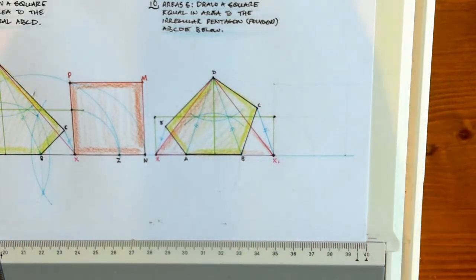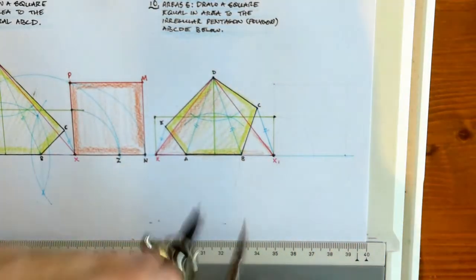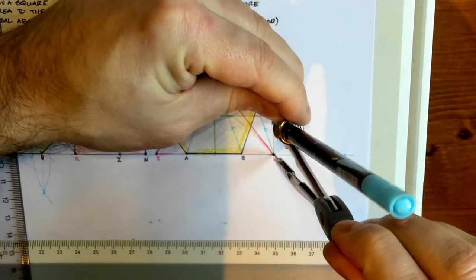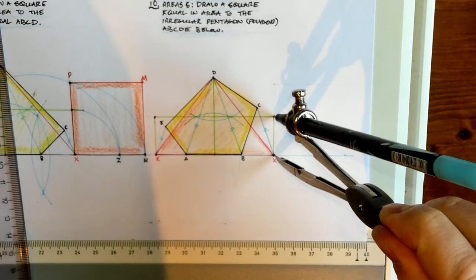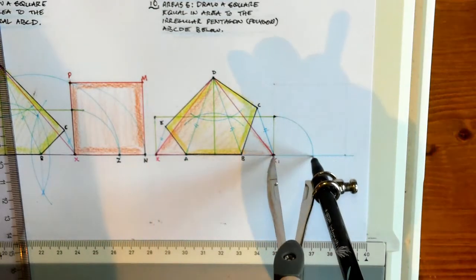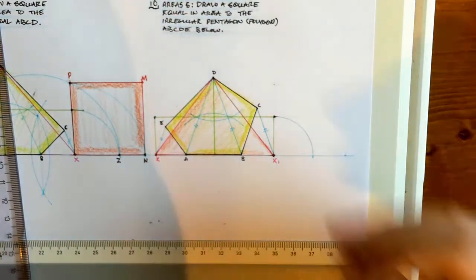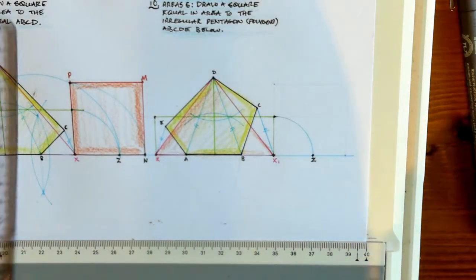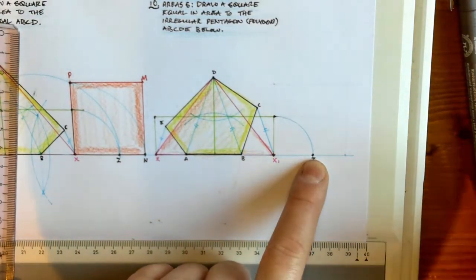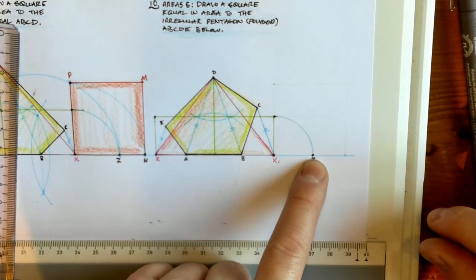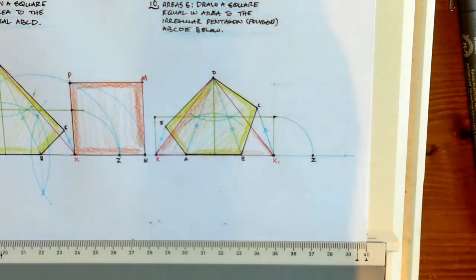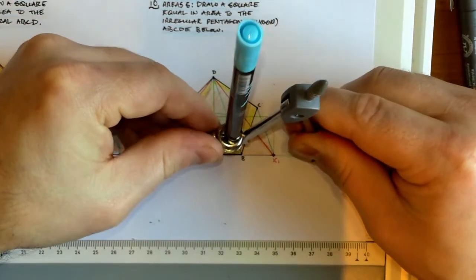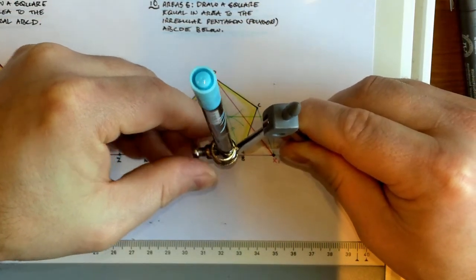Now we want to go rectangle to square. So back to the compass, put it on X1. Measure the side length, swing it down. Lovely. We'll call that point Z. Now we're going to bisect the distance between Z and X. So I get my compass, put it on Z, stretch it past where I think halfway is.